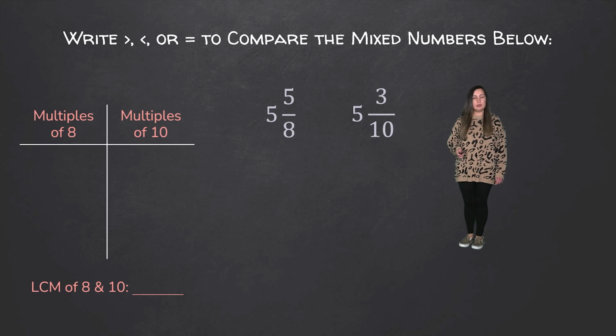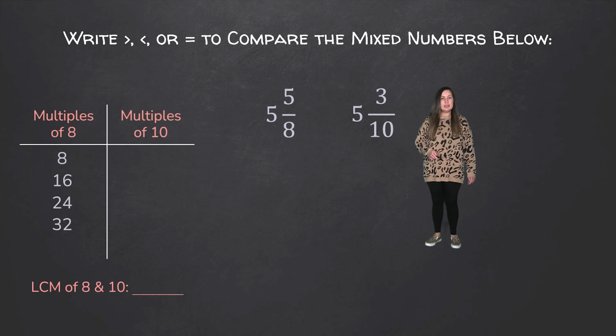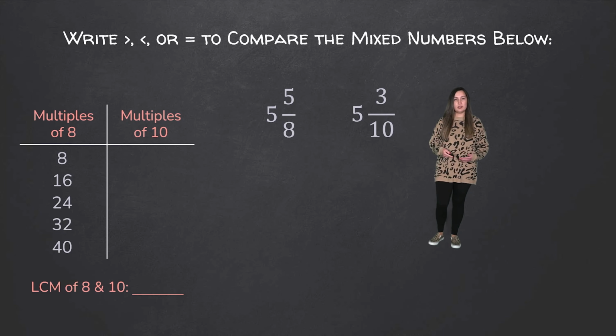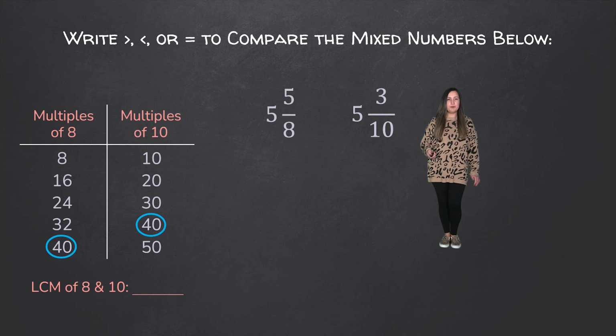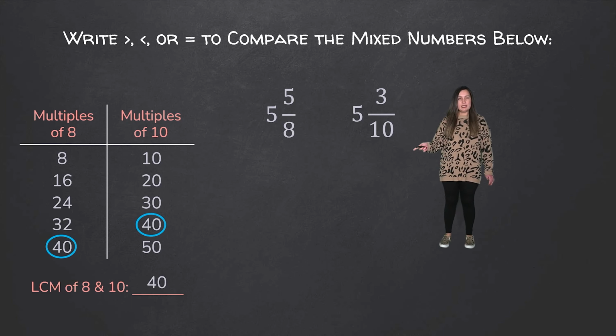So our multiples of 8 are 8, 16, 24, 32, 40, and so forth. And our multiples of 10 are 10, 20, 30, 40, 50, and so forth. And notice that the smallest one that they have in common is 40. So we're going to take these mixed numbers and rewrite them so that they have a denominator of 40.